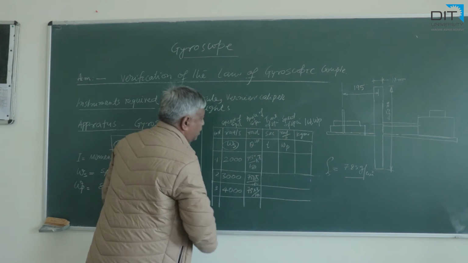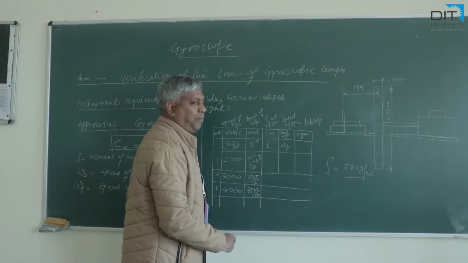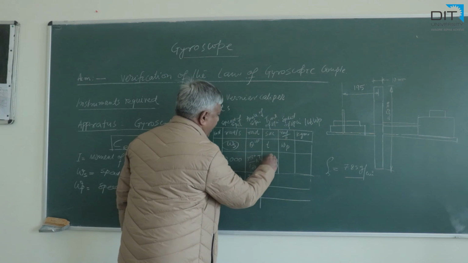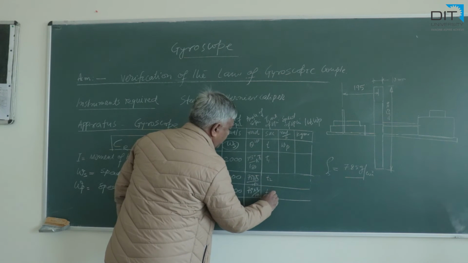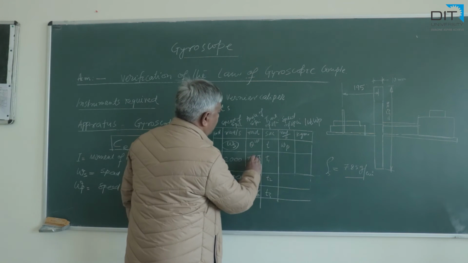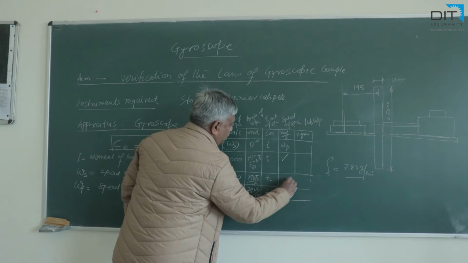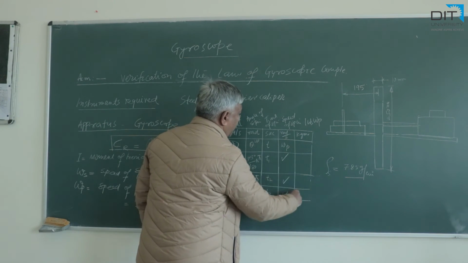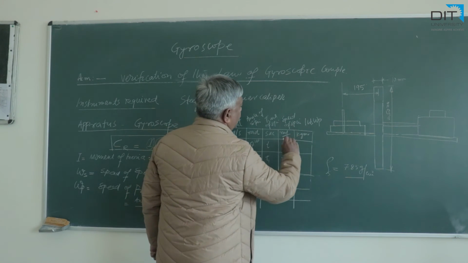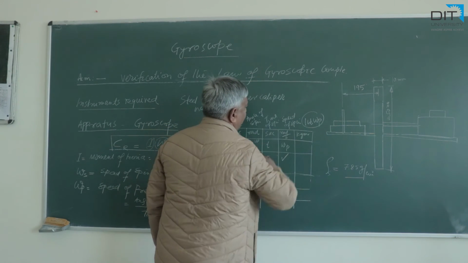And time we will have to note down with the help of a stopwatch. So whatever time comes, we'll note it down, T1, T2, T3. When we divide this by this, we will be getting this information, and the value this much will be calculated.